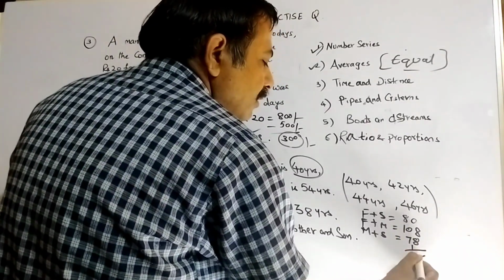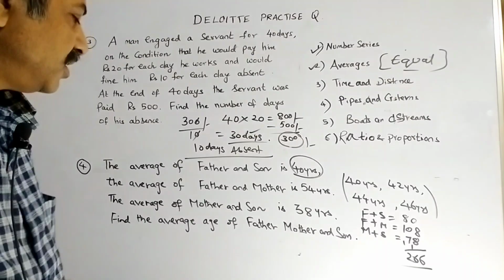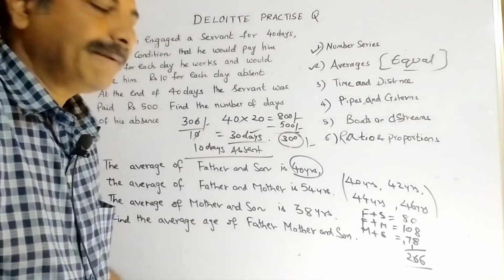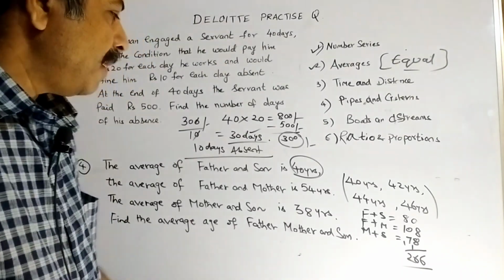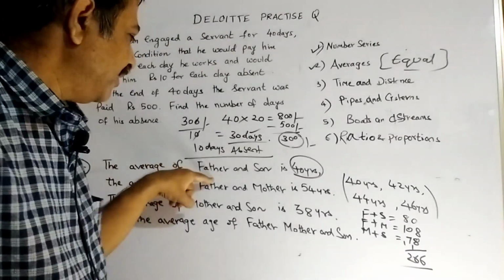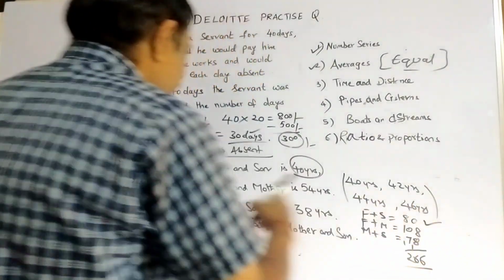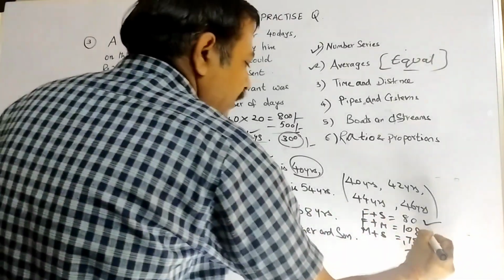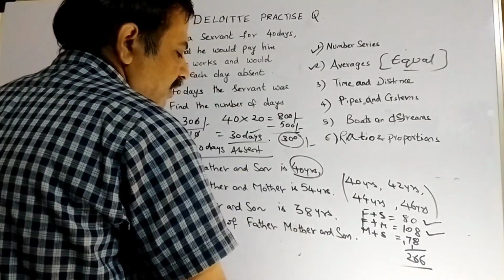I got 266, if I am not wrong. Let me check once again, dear students. The average of father and son is 40 years, 40 into 2, 80 is the total. Father and mother, 54 into 2 is 108. Mother and son, 38 into 2, 76.